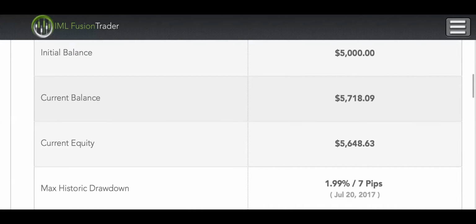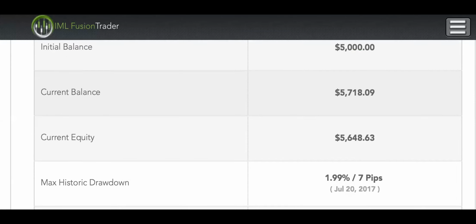And then it's showing the current equity right now is $5,648.63. So basically current equity means with the trades that he has in right now, if he was to close all those trades right now, his account will go from 5,700 to 5,600. So the equity is constantly floating and moving depending upon how long you keep trades in.